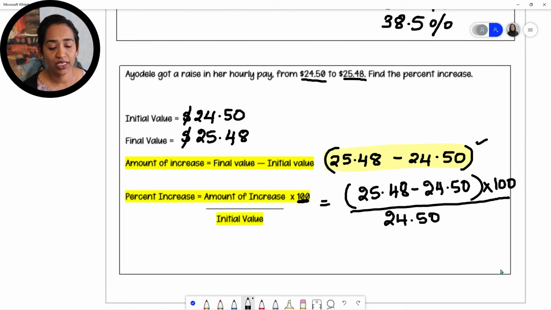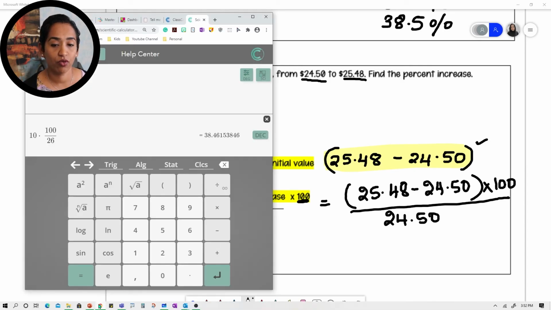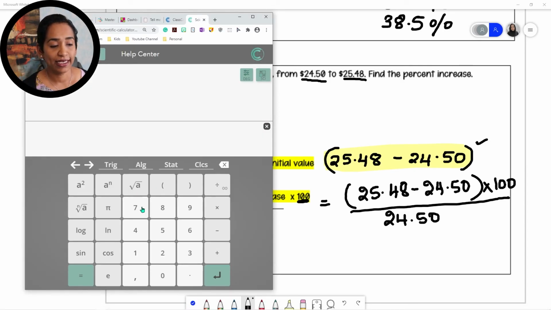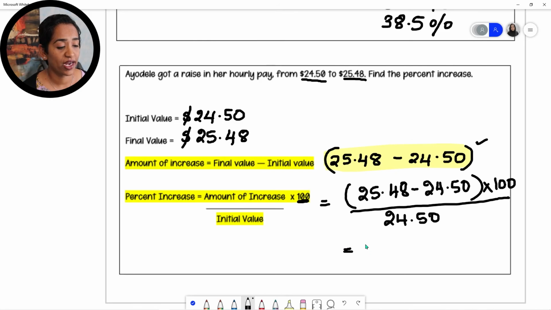So open parentheses, 25.48 minus 24.50, parentheses close, times 100, divided by 24.5. And as you can see, it is 4%.